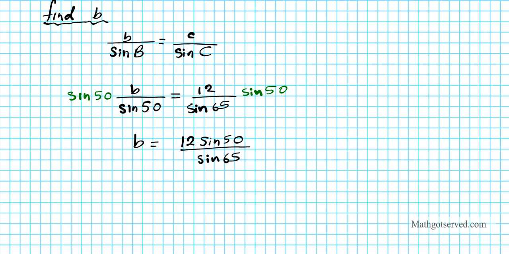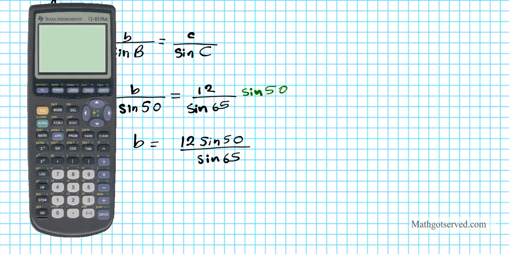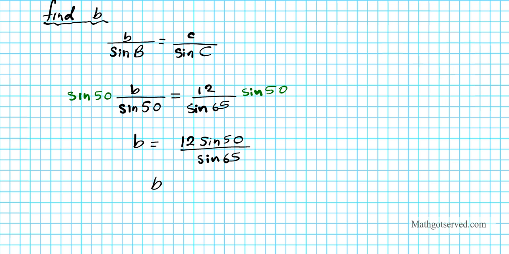So we just plug that into our calculators, and that will give us our answer. We'll round it to 2 decimal places. So let's do it. We'll have parenthesis 12 sine 50, close that, divided by sine 65. Final answer is 10.14 to 2 decimal places. So b is approximately 10.14.